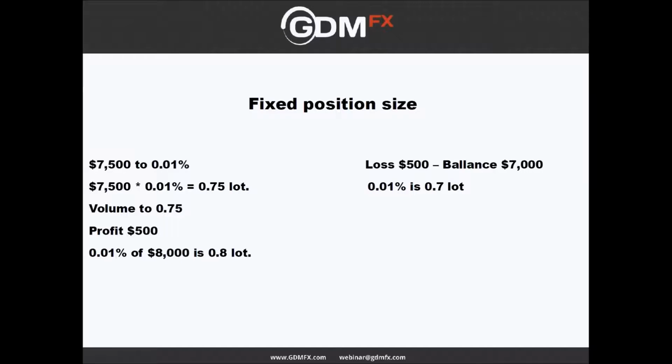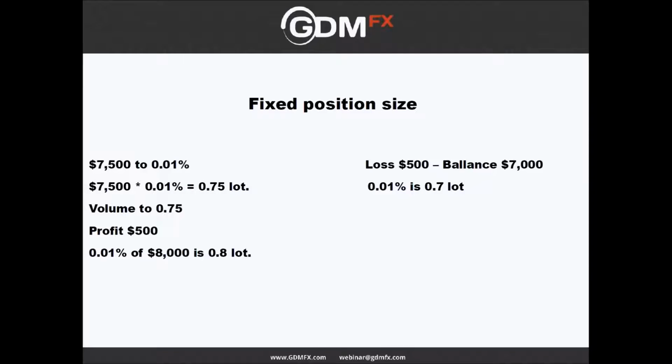Then you take the whole $8,000 balance and find out how much the lot size is with a risk of 0.01%. That would be 0.8 lots.